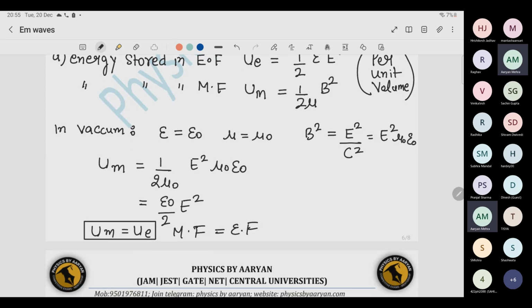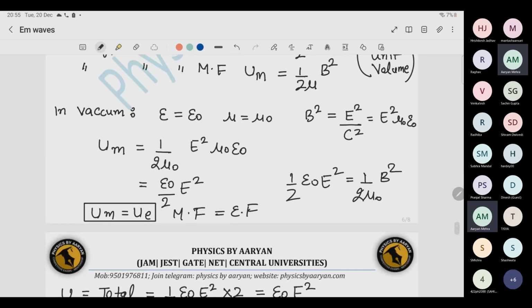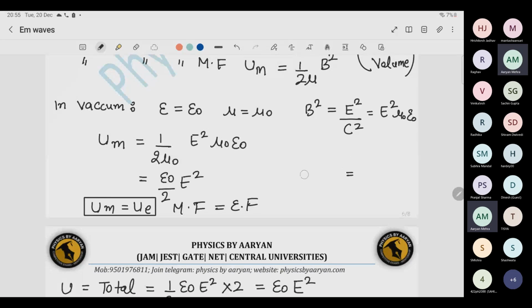But that is only true in vacuum or free space, not always. So the energy is equal to half epsilon naught E naught square, or half epsilon naught E square, or 1 by 2 nu naught B square. You can write it in any form. It is equal.